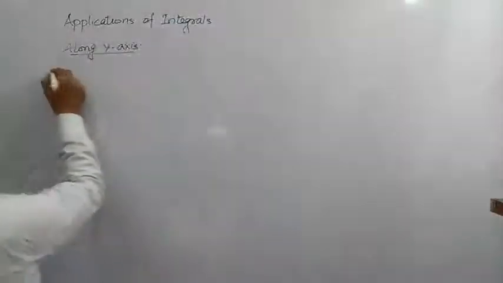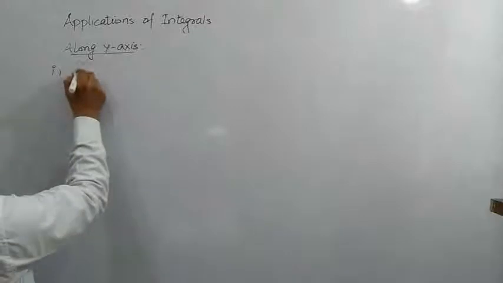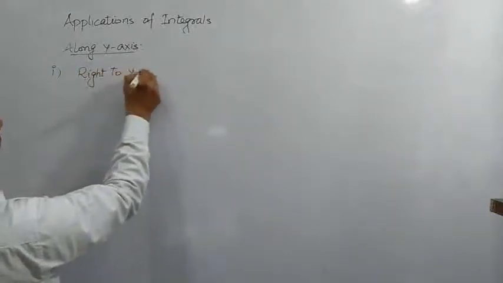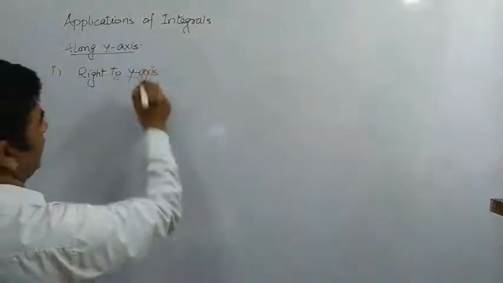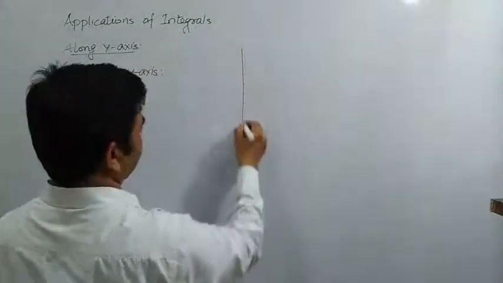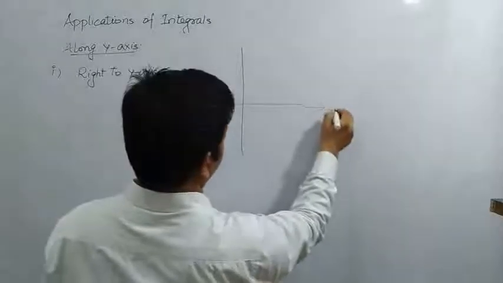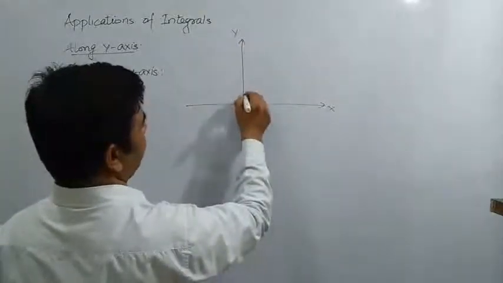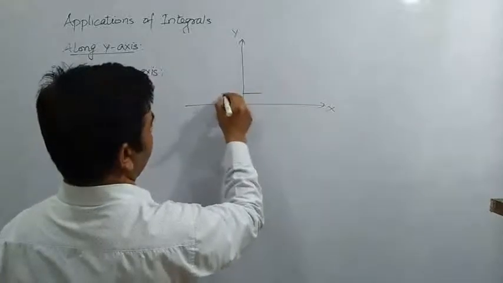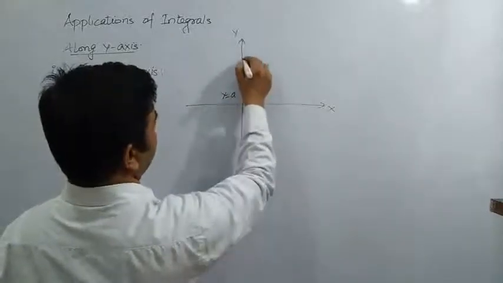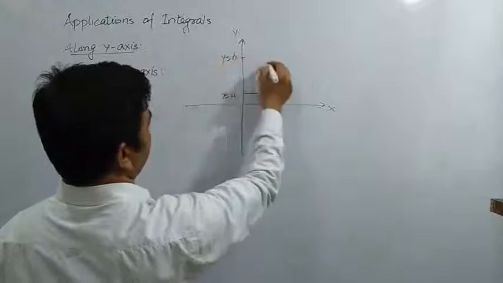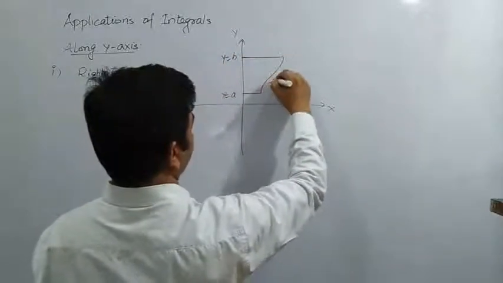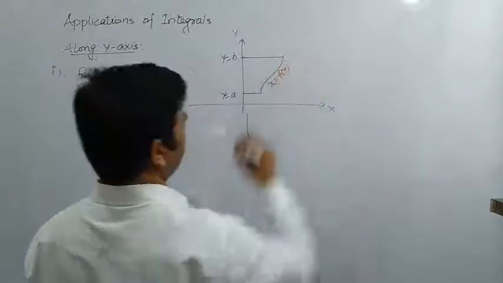In case it is to the right of the y-axis, the figure may be like this. This is your x-axis, this is your y-axis. It goes from y is equal to a to y is equal to b, and x is equal to f of y is the given function.